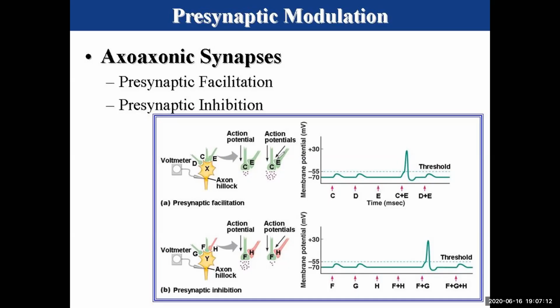So in this case, when we say presynaptic facilitation, neuron E induces neuron C to release more neurotransmitter. So neuron C increases the release of its neurotransmitter. Increased neurotransmitter means you also increase the intensity of the graded potential.